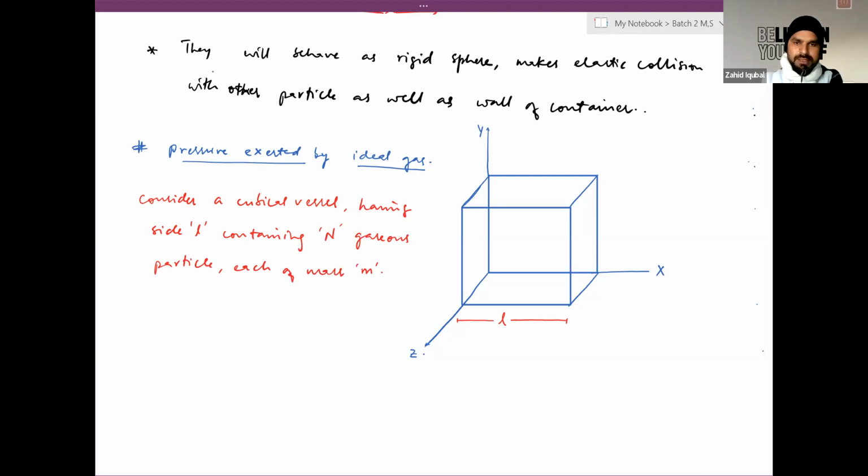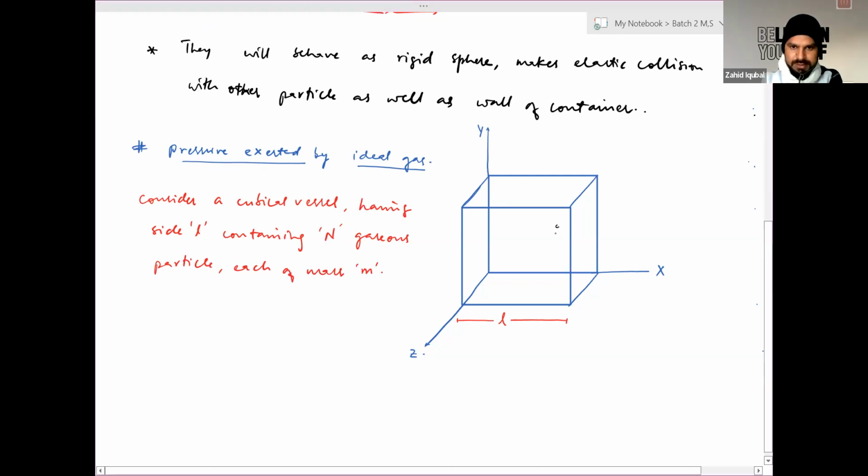So let's say there is a particle at this point which is going along this way having velocity Vx. On collision with this wall it may get deflected along this direction.